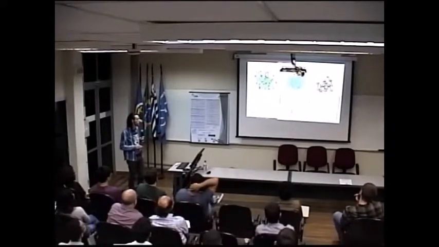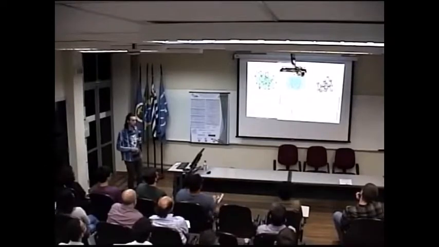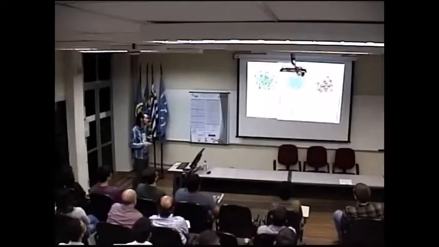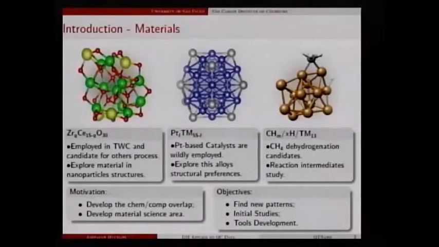I worked with three data sets. The first one is based on cerium and zirconium oxide mixed clusters. This material is employed in catalysis, normally as a support, but in this case we explored the nanoparticles. The second data set is based on platinum and other transition metals nanoalloys.